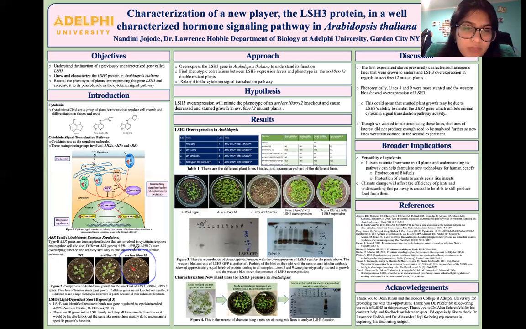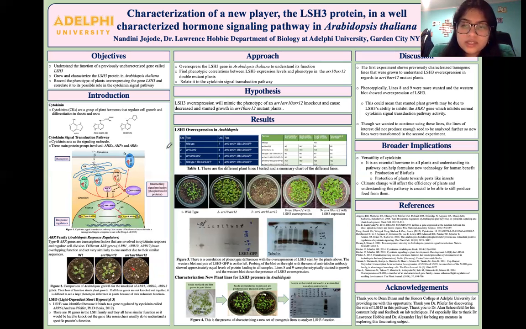So if two of the ARRs are already knocked out, such as in this plant, when there's LSH3 overexpression, meaning there are higher levels of LSH3, it means that ARR1 won't be able to function properly. With that being said, I decided to go on with my project.